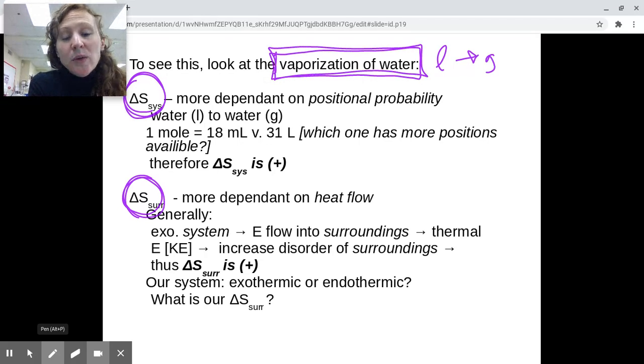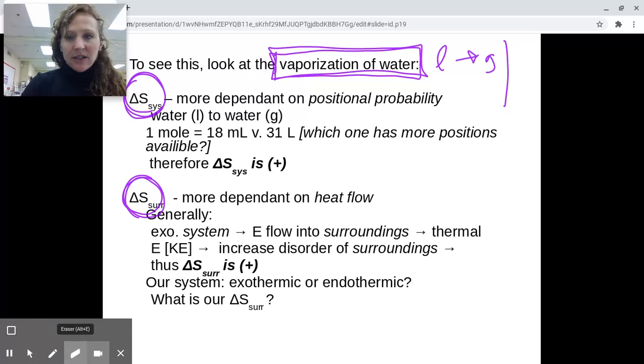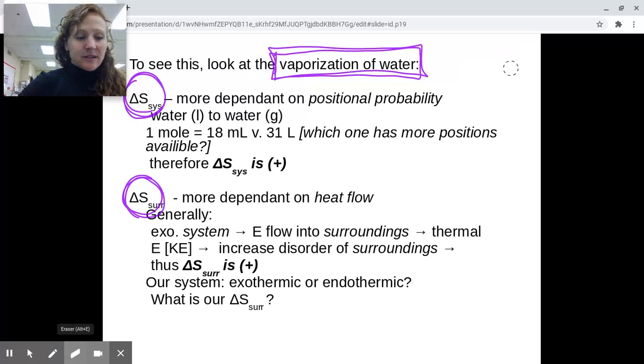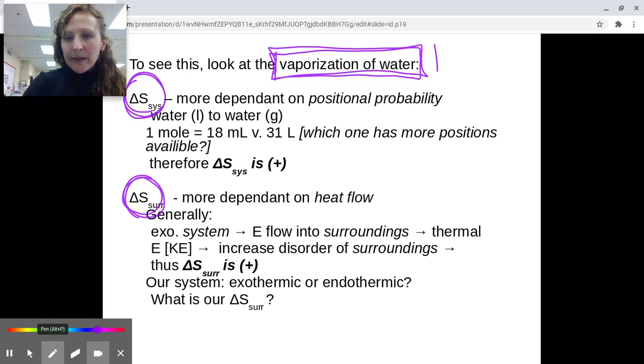If I were to ask you, from the perspective of the water itself, if water vaporizes, what is happening to the entropy of the water itself? Let me write out a little process reaction before we move forward.